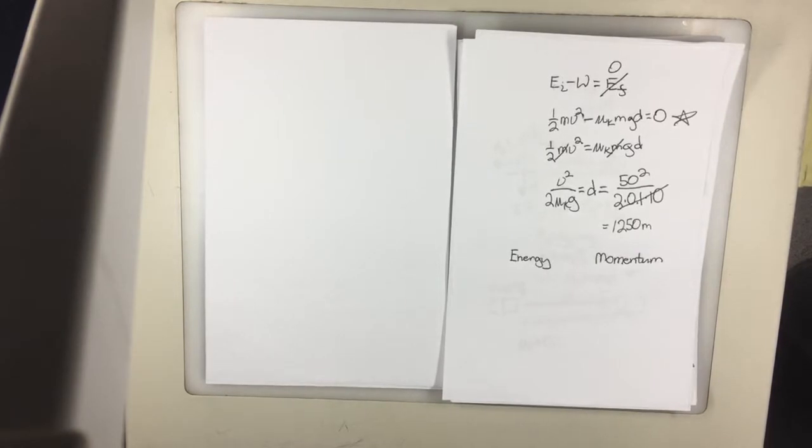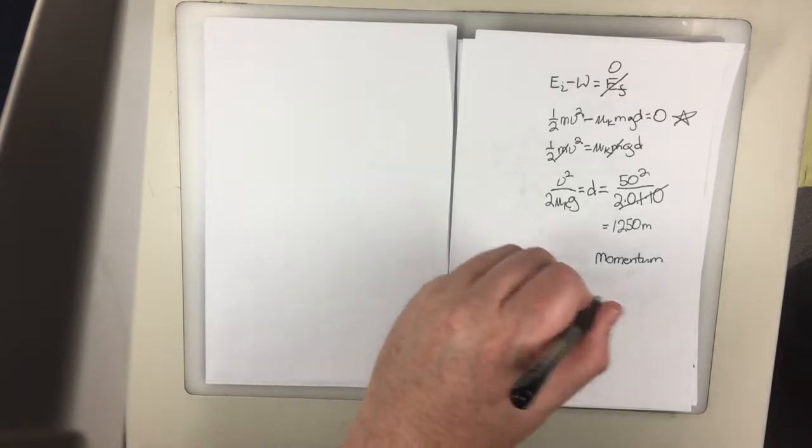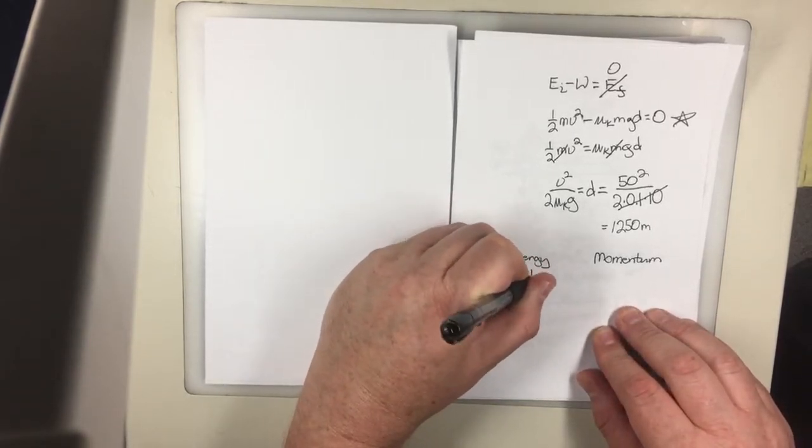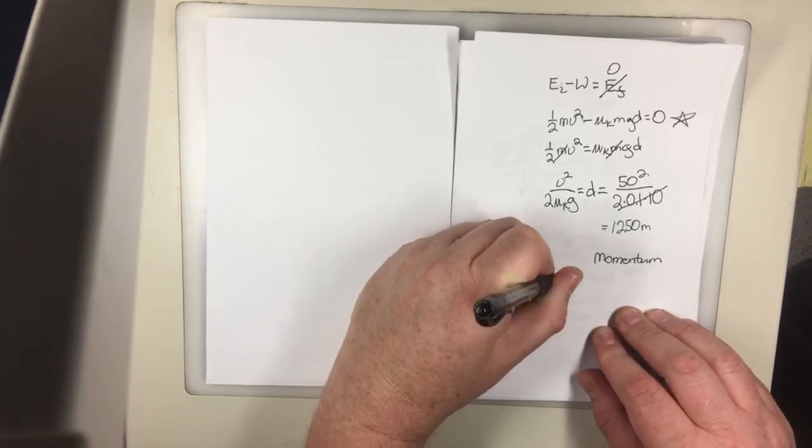Energy and momentum are an odd little pairing. Energy, the typical, we're just going to look at kinetic energy in this particular case, is 1/2 mv squared.